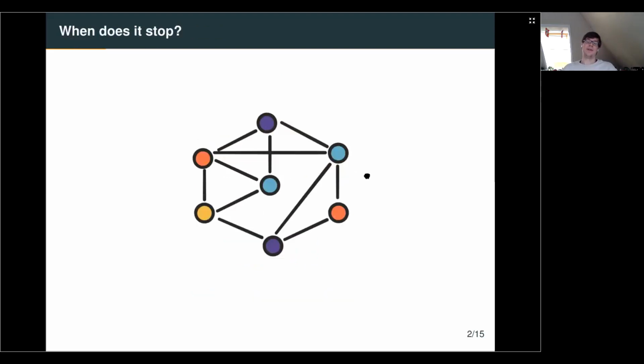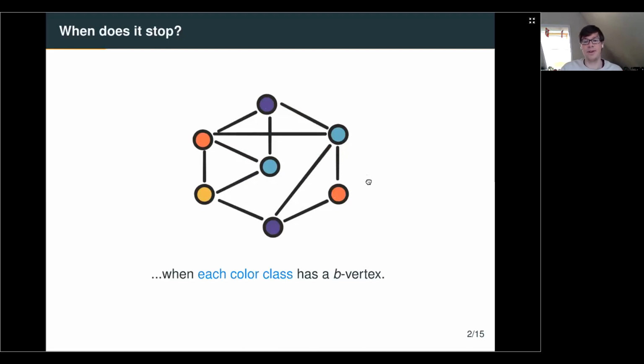So when does this heuristic stop? Of course it stops when every color class has a B vertex. Because if a color class has a B vertex, we cannot get rid of this color class. Therefore, if all color classes have a B vertex, we cannot get rid of any other color.